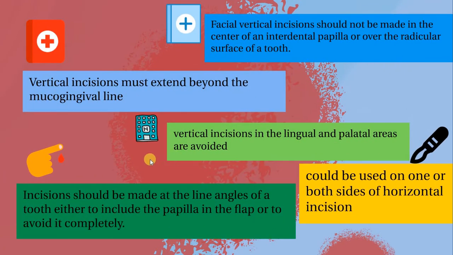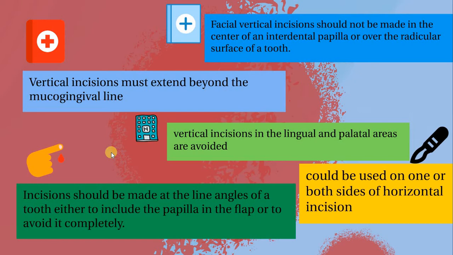Regarding the facial vertical incision, it shouldn't be made in the center of the interdental papilla or over the root surface of the tooth. The vertical incision must extend beyond the mucogingival line.